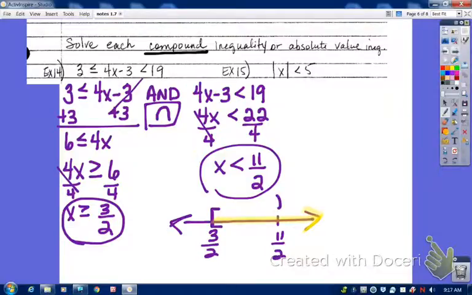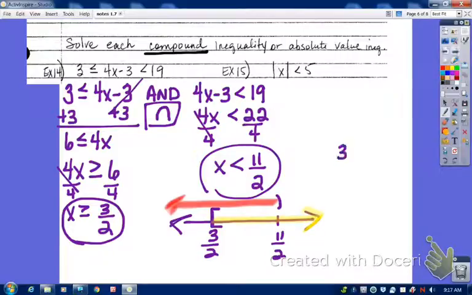You'll do that kind of above your graph. I'm going to change colors here. And then you're doing an intersection. What points does the red graph and the yellow graph have in common? Where do they share points?